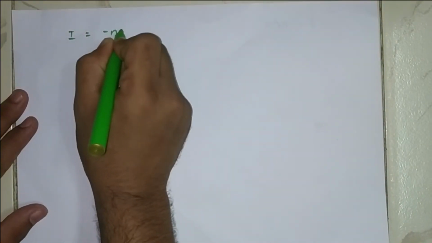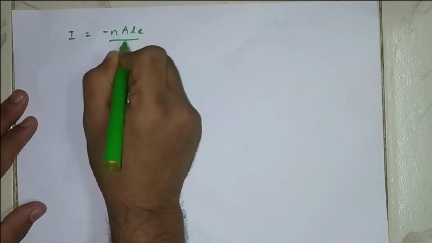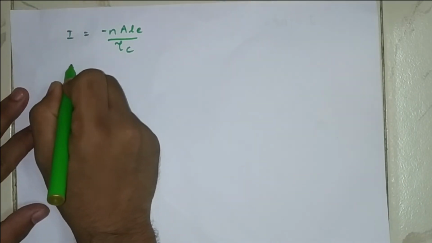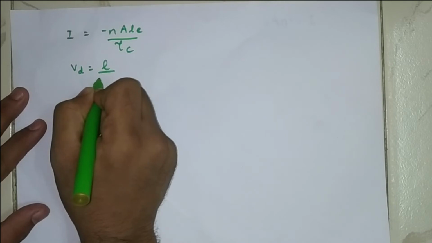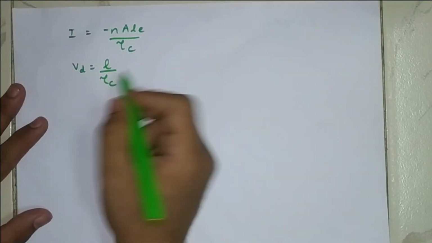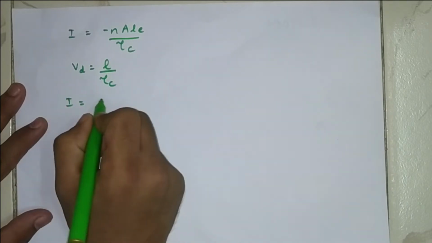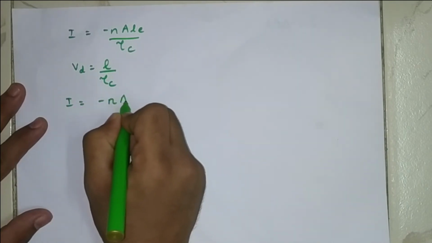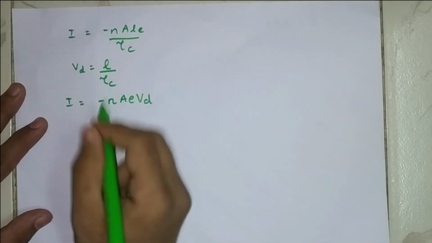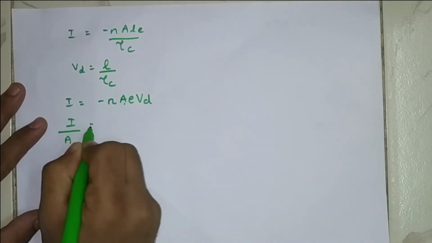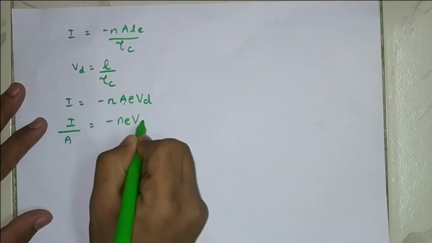So I equals minus nALe by tau c, with a minus because the charge of the electron is negative. We know that Vd equals L by tau c, so substituting this, I equals minus nAeVd. Taking A to the other side, I by A equals minus neVd.